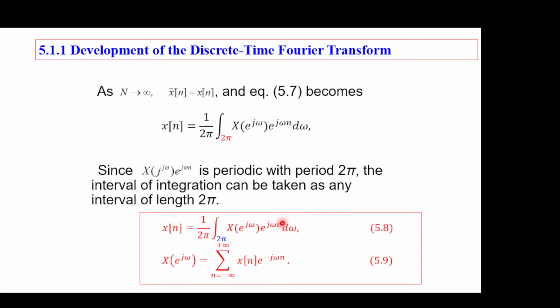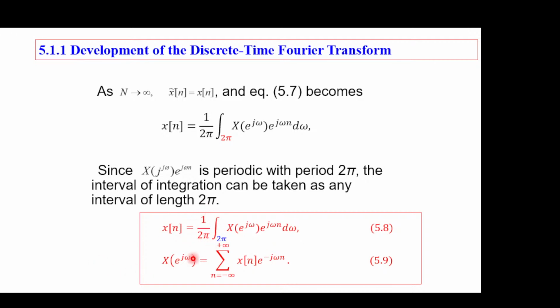The e to the j omega n just doesn't see the extra 2 pi, because n only takes integer values. So it's still a linear combination of these e to the j omega n, although omega is now limited to a 2 pi period. It's continuous, so you integrate over all those big X coefficients together, and then you have the extra 1 over 2 pi factor, just because that's how we choose our normalization.